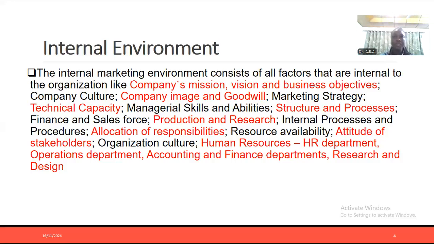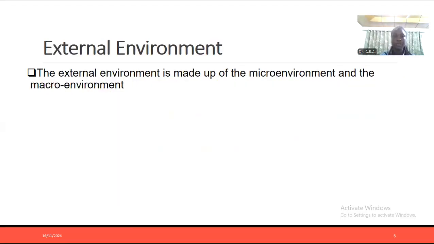You'll notice that even though these factors can influence the marketing strategy of the business, they are under control, and so the organization can make changes as and when it has to.